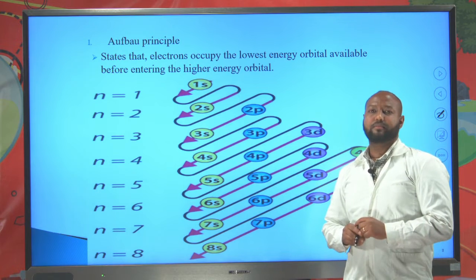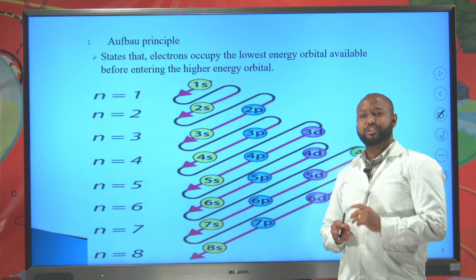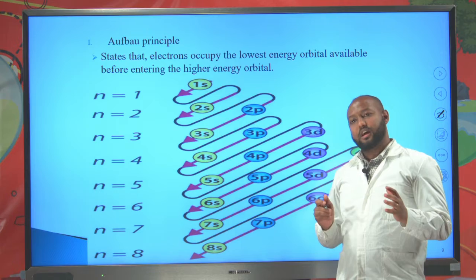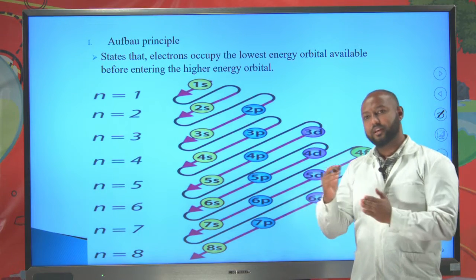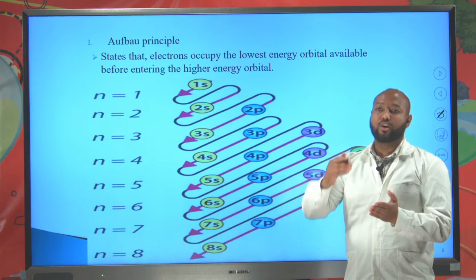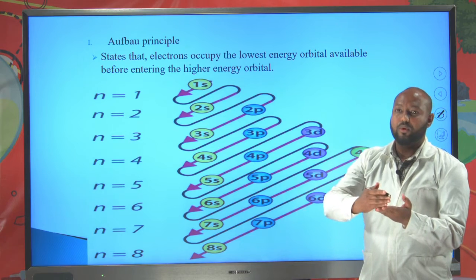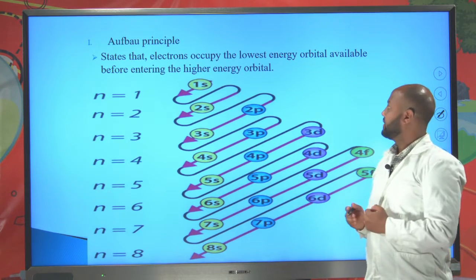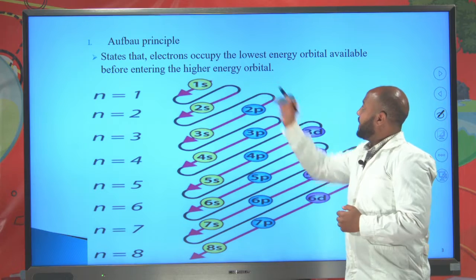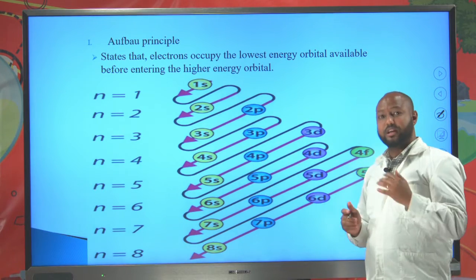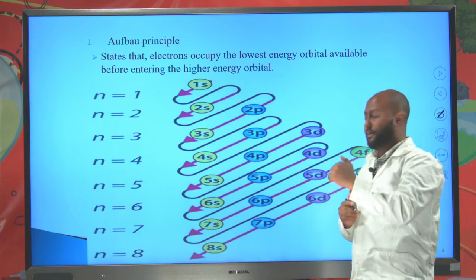The Aufbau principle says that electrons fill from lower energy level to higher energy level. They occupy the lowest energy orbital available before they enter the next one.